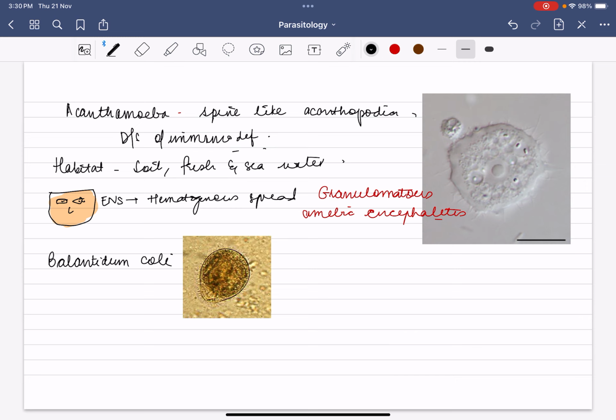Then we have Balantidium coli. This is a ciliate organism. You can see very small cilia all around it. A few very important points about it: one, this is the largest protozoan infecting humans.